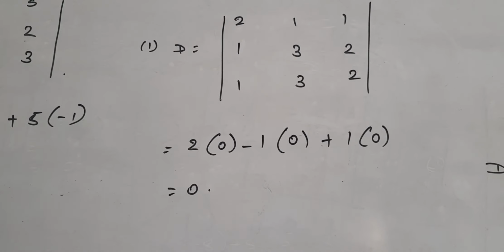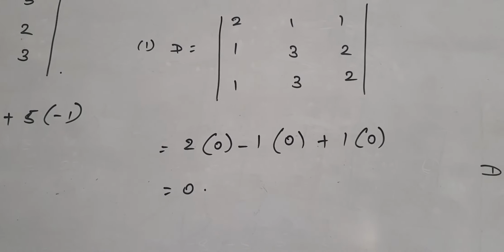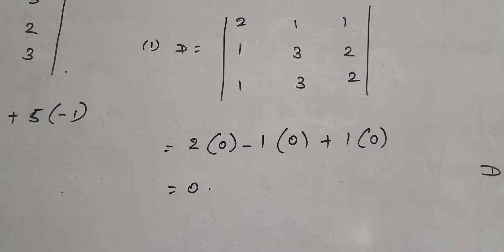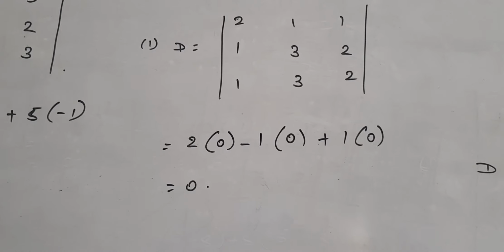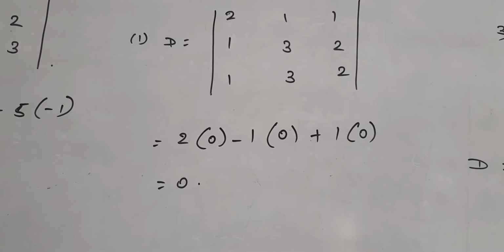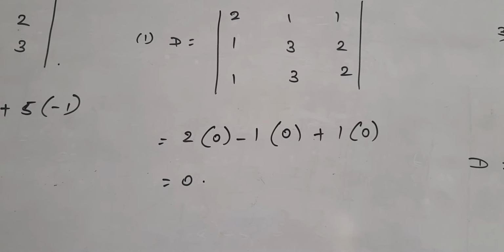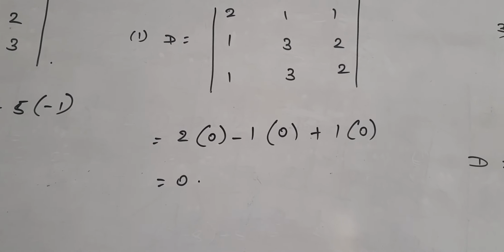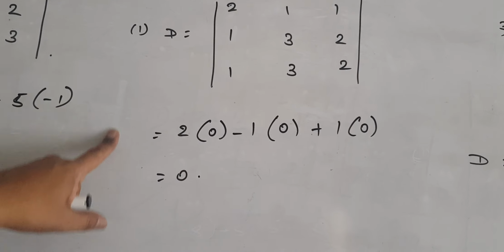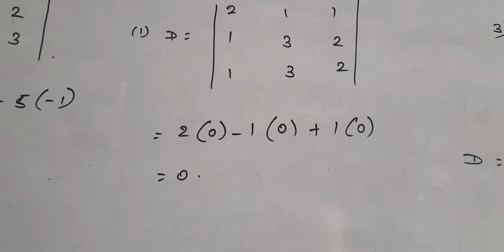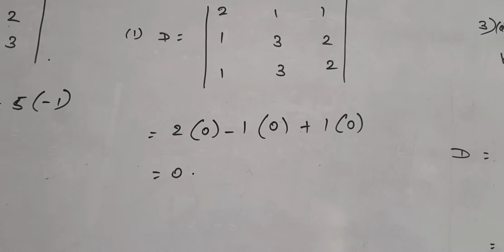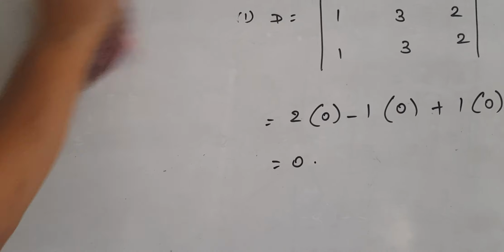Means ये भी एक लॉजिक हुआ कि if elements of any two rows or columns are identical, the value of that determinant is 0. This is theorem number 4.